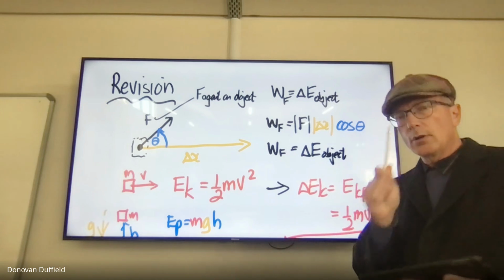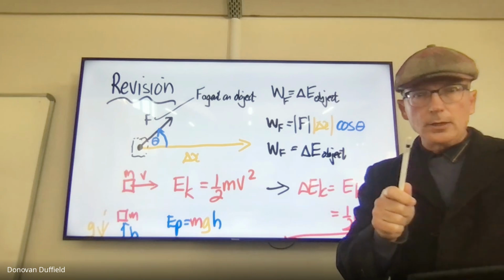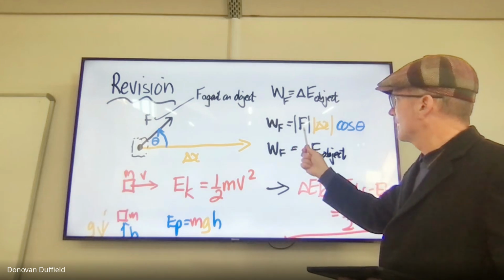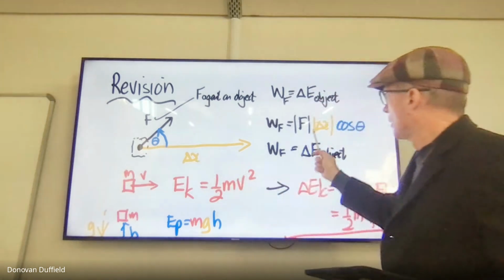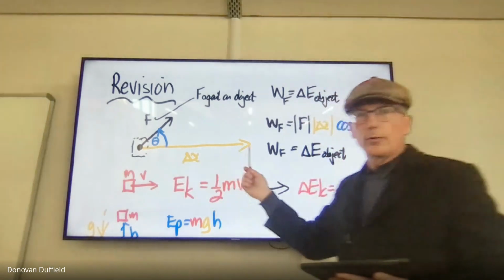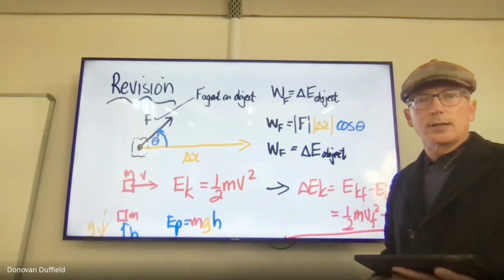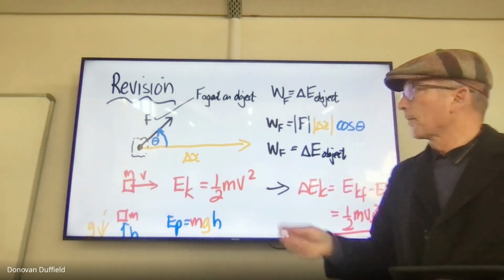Now, if you look at the formula, and you get this formula on your formula sheet, the work done by the force is the magnitude of the force multiplied by the magnitude of the change of position multiplied by cos theta. Now, I call that cos theta the effective factor.